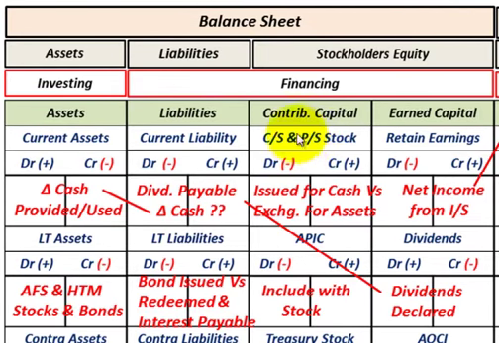So that could include cash transactions. But what I want to make the distinction of here is the difference between the contributed capital, financing through common stock and preferred stock, versus the investments in common stock, preferred stock, or stocks and bonds by the company. So we have to make that distinction.